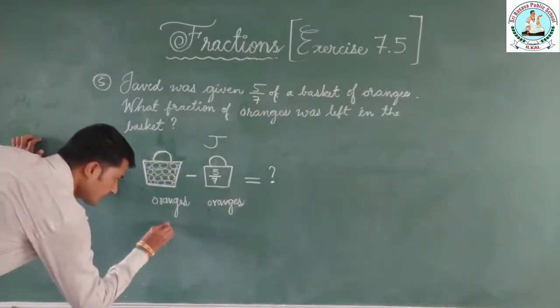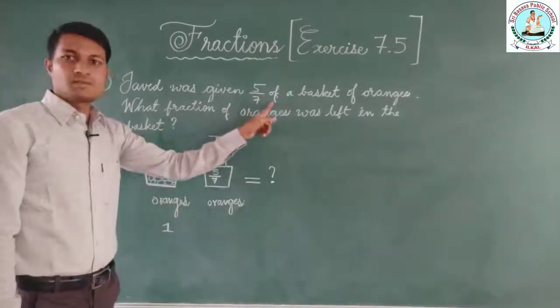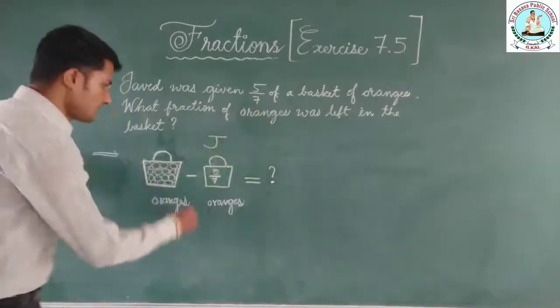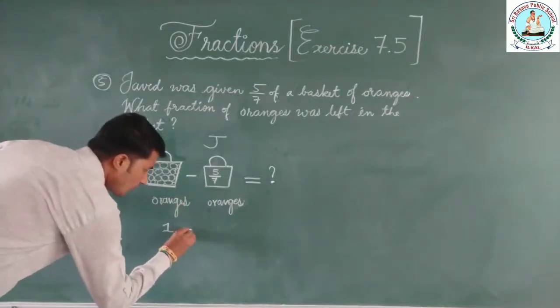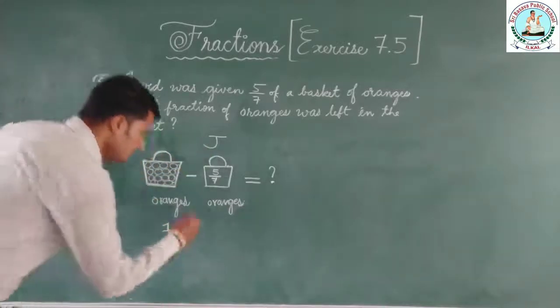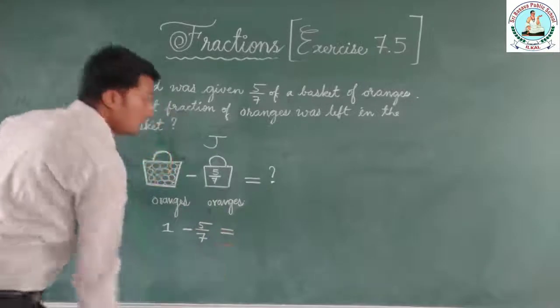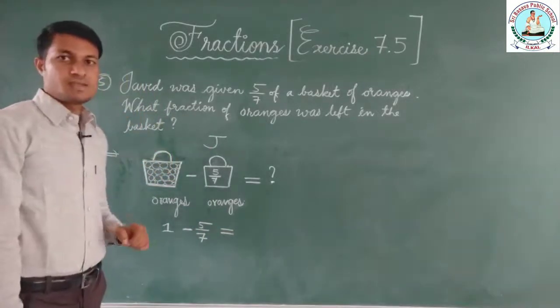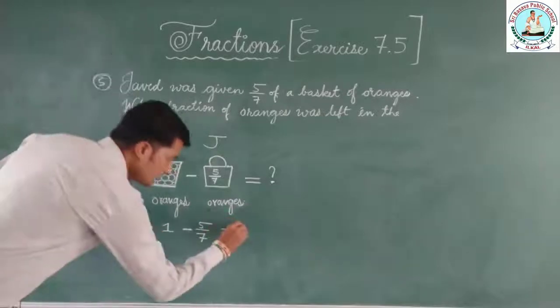So we write it as 1 and it is given. So giving away means always subtraction. So subtraction, and what portion of the basket of oranges is given to Javed? That is 5/7. Then what fraction of the oranges is left in the basket, that we need to find out here.